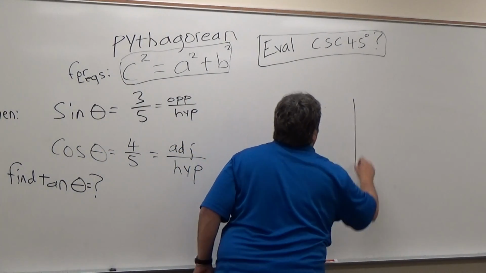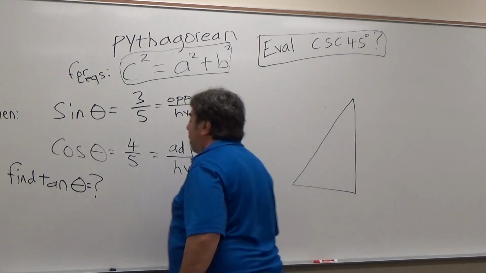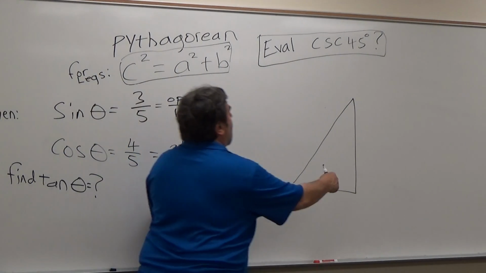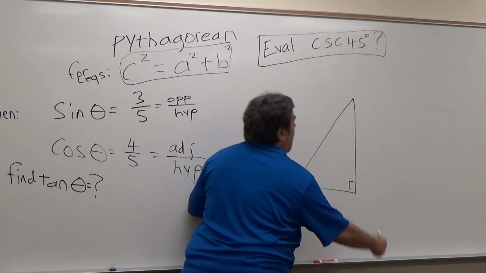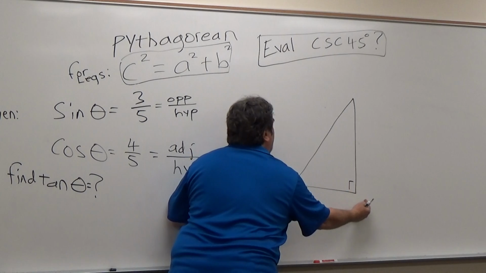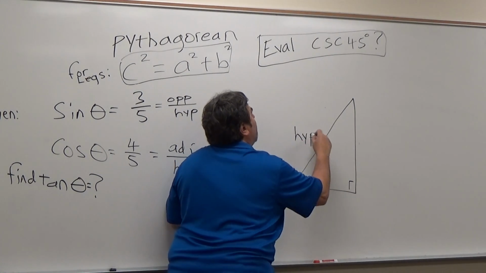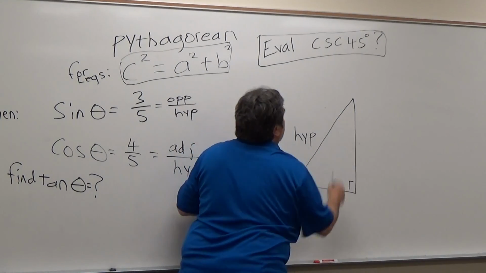So now we go to our drawing of a triangle and we label the sides and we're going to plug the values right onto our drawing. Now, here's our right angle. I'm going to label the side directly opposite the right angle as the hypotenuse.